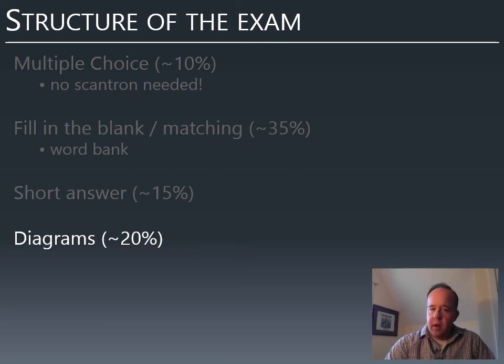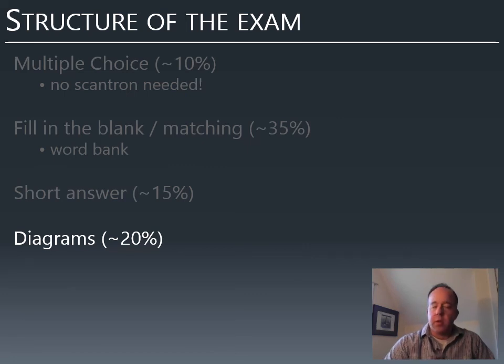There will be a fair number of diagram questions, and we'll see this for all the exams in this course. A lot of the content in the course is best presented visually. We're talking about structures, whether it's of neurons, of individual receptors, of the nervous system in general. And so this is best presented visually, and so it's best tested visually. And so I'll give you some diagrams and ask you to fill in labels.